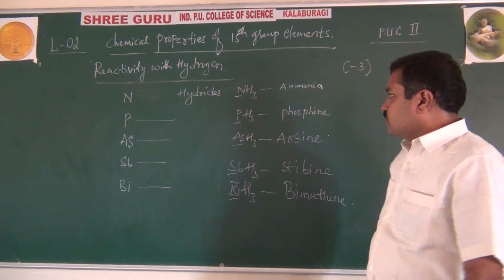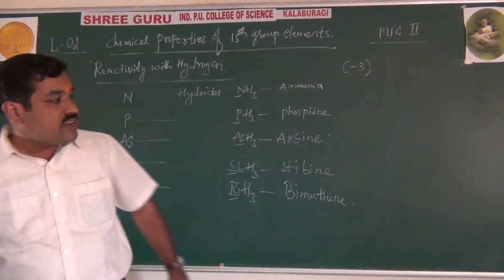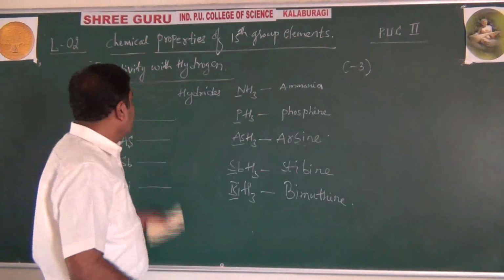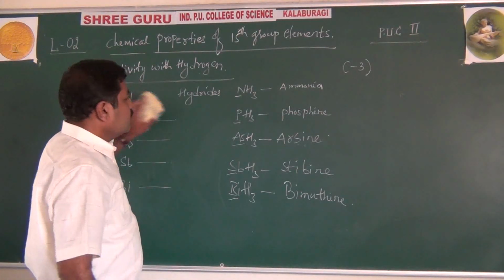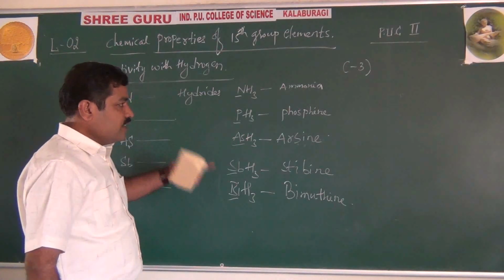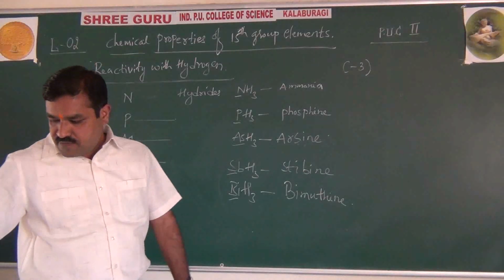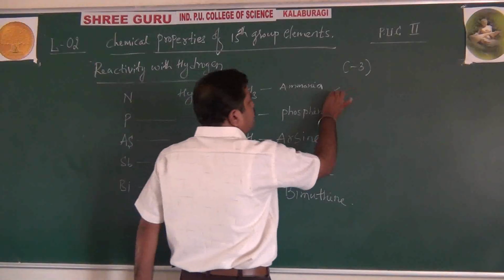Now, this is regarding reactivity. Next, what are the properties of these hydrides formed by nitrogen, phosphorus, arsenic, antimony, bismuth? Now I will tell you the important points to be noted for CET.